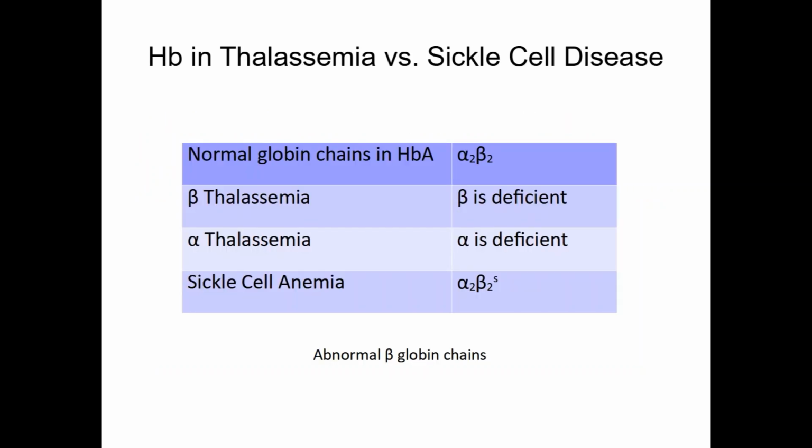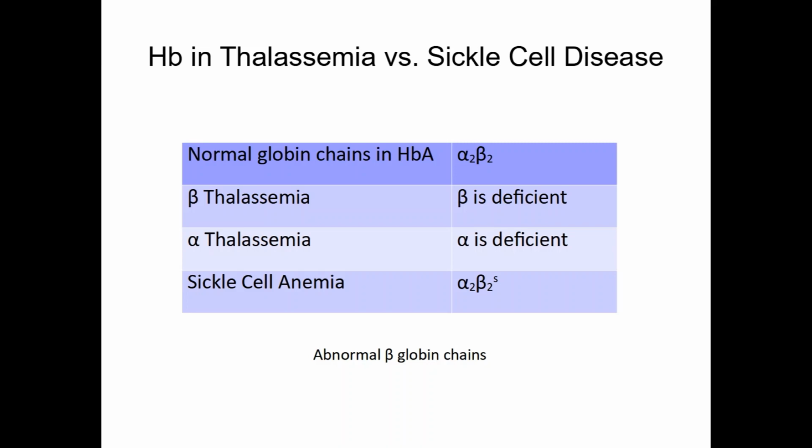Just a small comparison between thalassemia and sickle cell anemia. In a normal individual, the hemoglobin will have two alpha chains and two beta chains. In beta thalassemia, the beta chain will be deficient, so you end up with a relative excess of alpha chains. In alpha thalassemia, the alpha chain is deficient, hence you'll end up with a relative excess of beta chains.